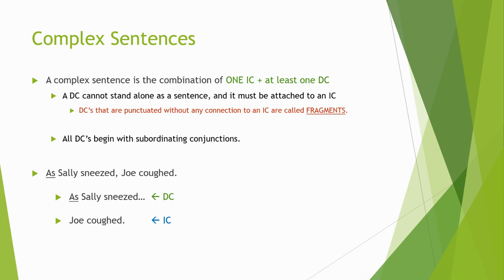Now, one thing that complex sentences have in common with compound sentences: even though we have one independent clause and one dependent clause, and we know that the dependent clause needs the independent clause, here's what it has in common. We still have two separate thoughts. A complex sentence and a compound sentence are similar that way. Sally sneezed, Joe coughed. That's the same. All right?